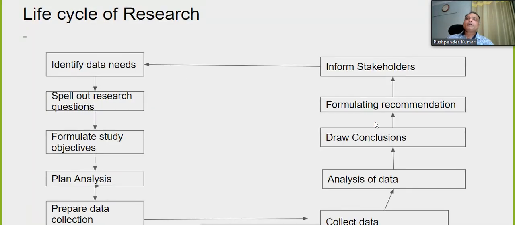I'm talking about these different stages of the research process: identify data needs, spell out research questions, formulate study objectives, plan analysis, prepare data collection instrument, collect data, analysis of data, draw conclusions, formulate recommendations, inform stakeholders.